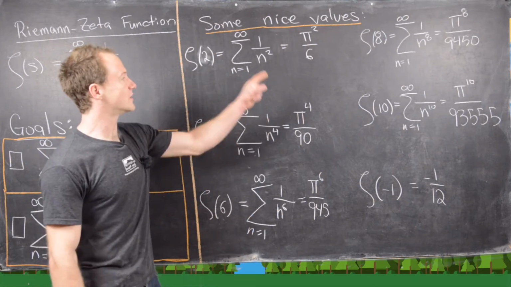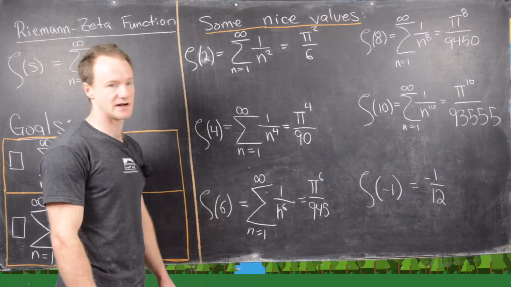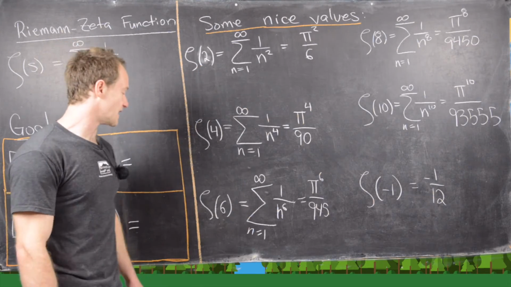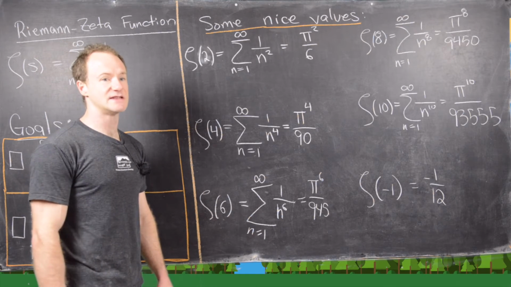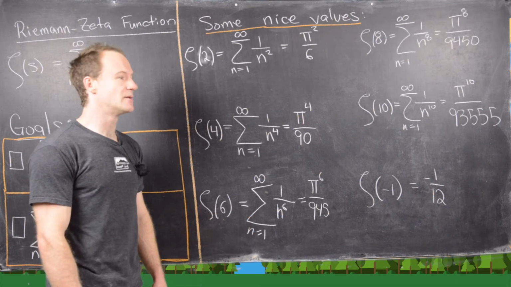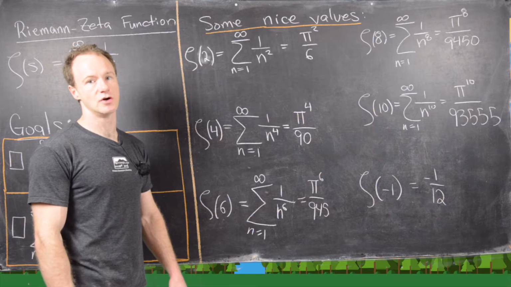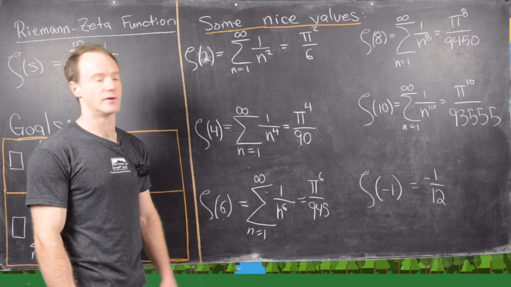Also notice I don't have any odd positive values, like zeta of 3, zeta of 5, zeta of 7, 9, and so on. That's not because they don't converge. They in fact converge by the p-series test, but they don't converge to things that have nice closed forms. So we're not going to talk about those in this video.